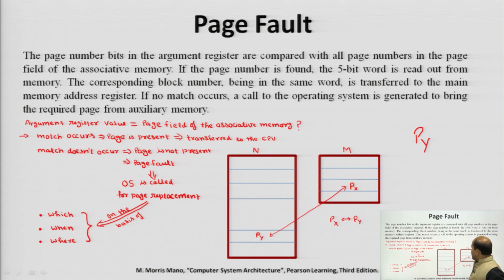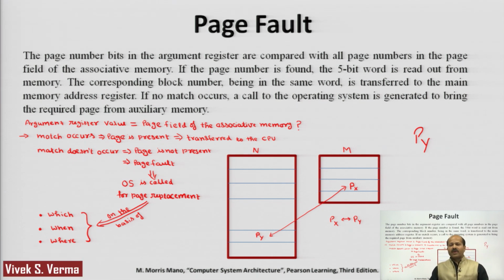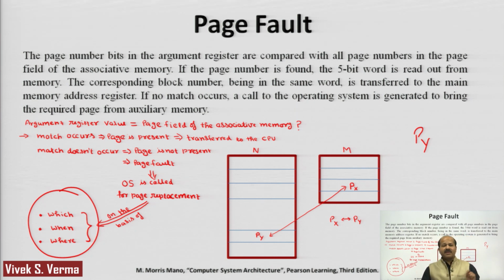We have to understand that this page replacement will be based on these 3 questions: which page has to be replaced, when this page has to be replaced, and where this page has to be replaced. Whenever a page fault occurs, the operating system is called, and the operating system will manage this page. The page replacement algorithm will run in the background, and the particular page will be replaced with some page of the main memory on the basis of these 3 concepts. So, this way we can understand.